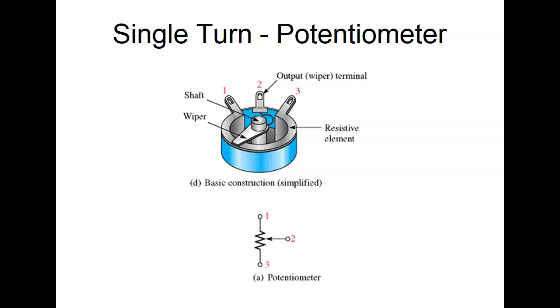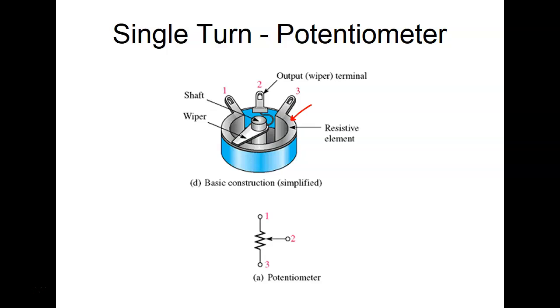What they basically have is a resistor. It's just a film that's on the pot. I've got one somewhere, I'll look for it. And then you slide a contact across that resistor, which gives us the ability to get a different resistance reading between 3 and 2 and 1 and 2.